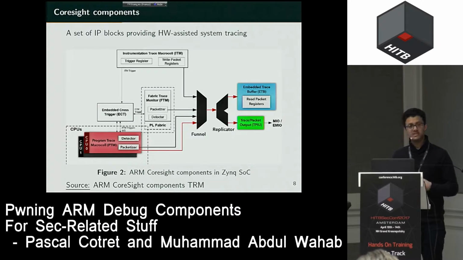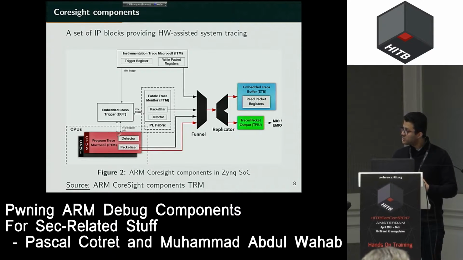These components generate trace each time a particular instruction is executed. This trace is sent towards the funnel. The funnel is just a component that merges traces together and sends them to the replicator. The replicator just duplicates the trace that comes to its input towards the on-chip buffer, or we can use this component over here to send it towards the FPGA part. That is what we are going to do.